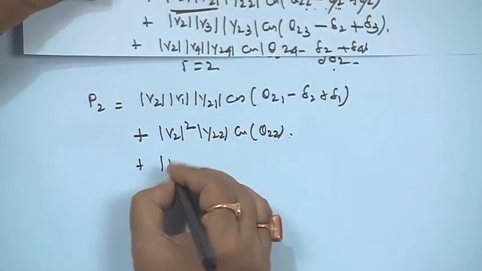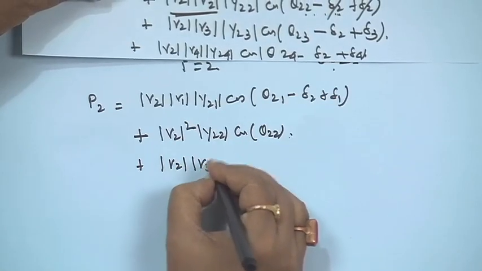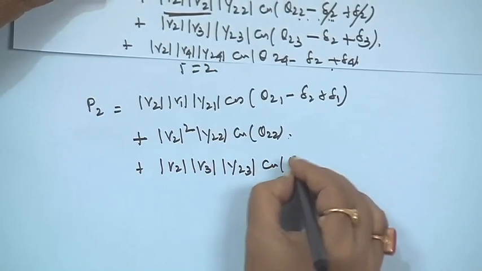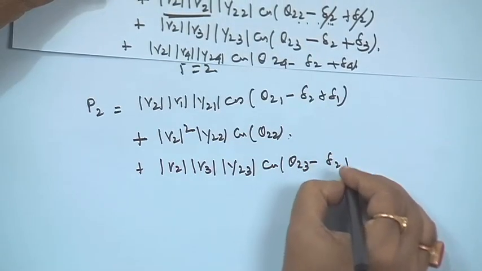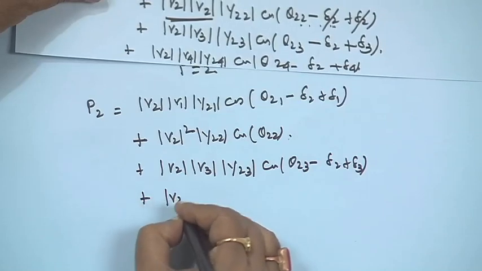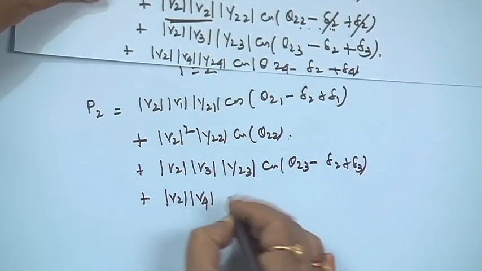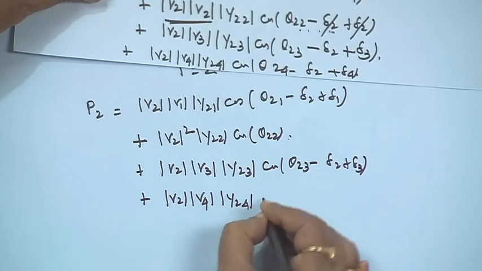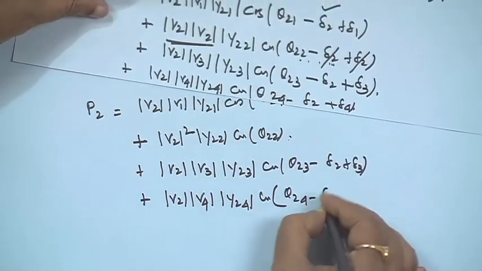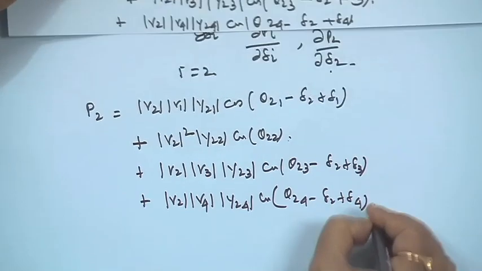Next term is V 2, then V 3, then y 23, then cosine theta 23 minus delta 2 plus delta 3. Then the last term is V 2, then V 4, then y 24, then cosine theta 24 minus delta 2 plus delta 4.